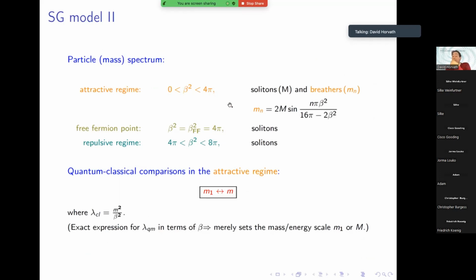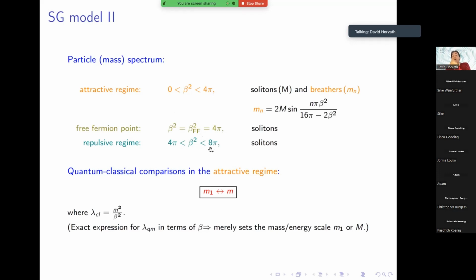You can have the attractive regime, you can have the repulsive regime. The names come from the fact that in these regimes, the soliton and the antisoliton attract and repel each other. There is a free fermion point as well, which is a specific point, and I will give an explanation or insight why it's there on the next slide.